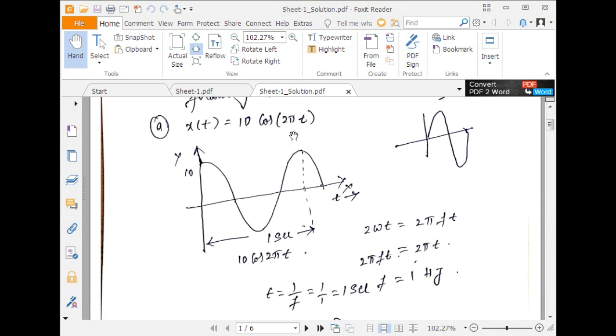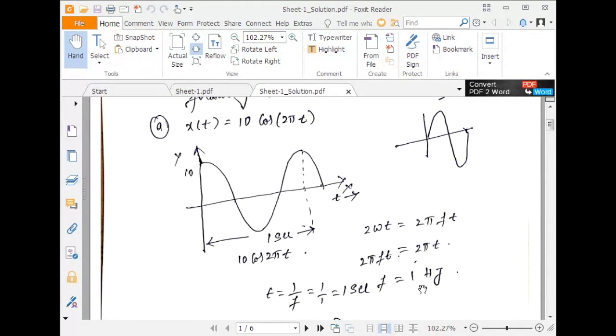In the place of omega t, it is given as 2 pi t. 2 pi f is the formula for omega, so 2 pi f, t is common. And given is 2 pi t, you will get f as 1 hertz.